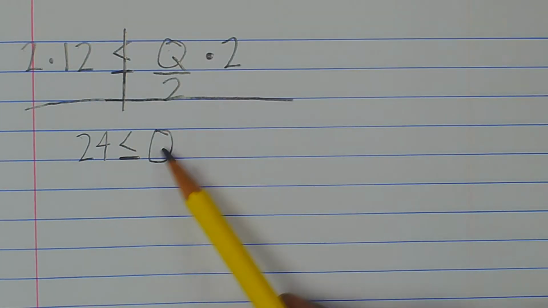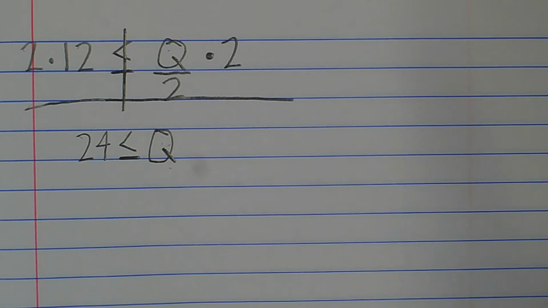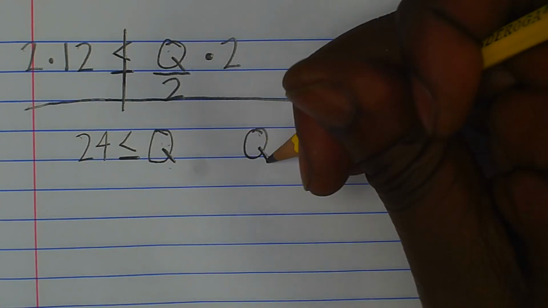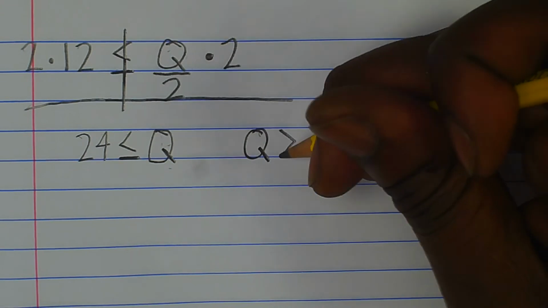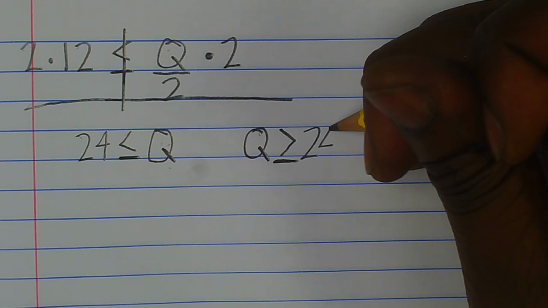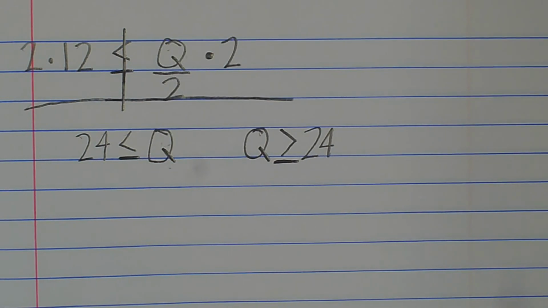And we can rearrange this statement so that Q is first in our inequality. So that means Q is greater than or equal to 24. Okay.